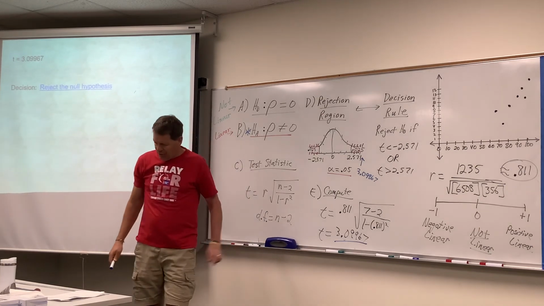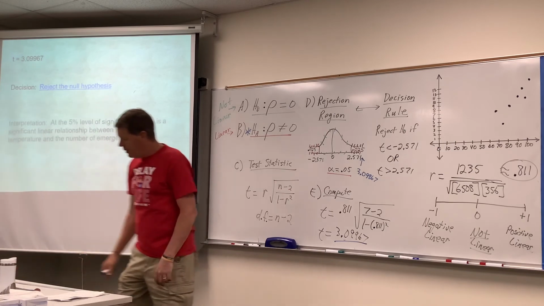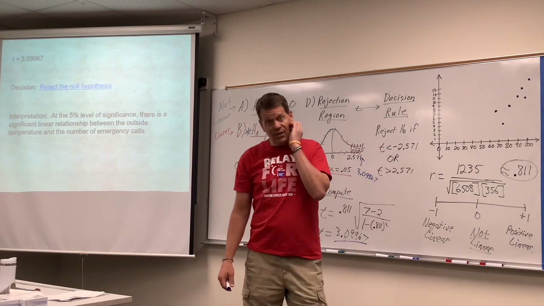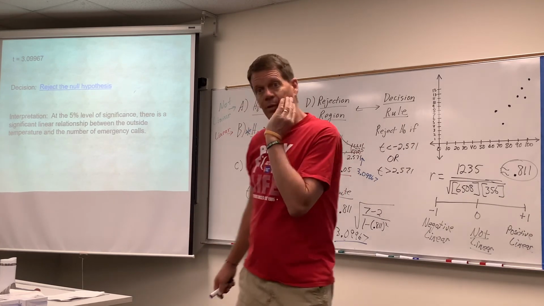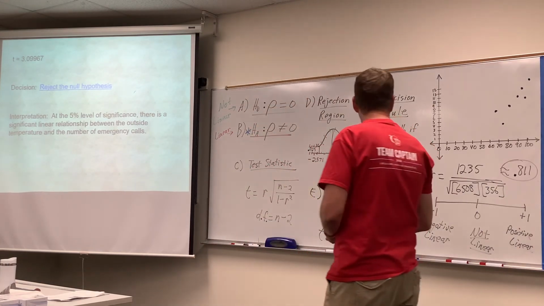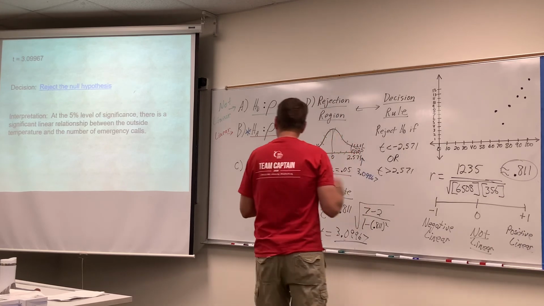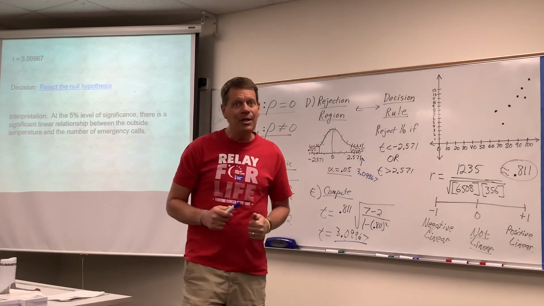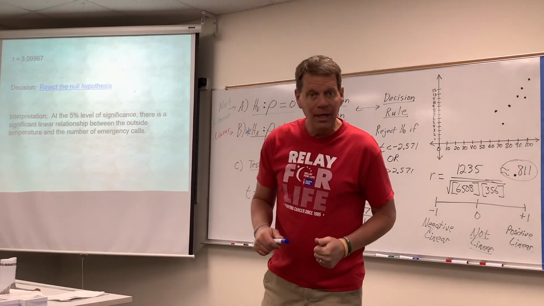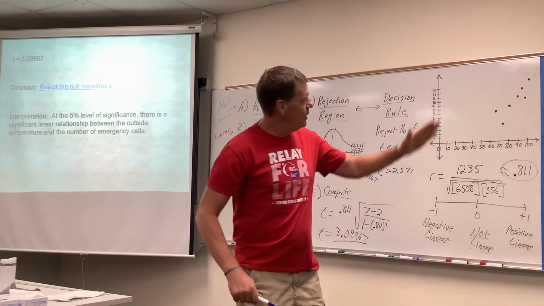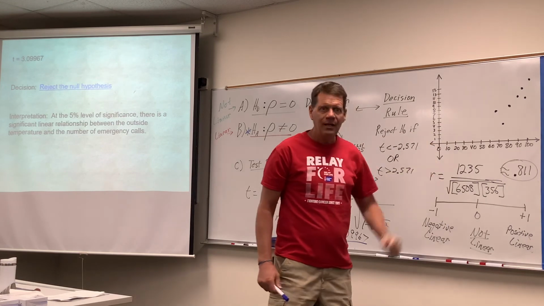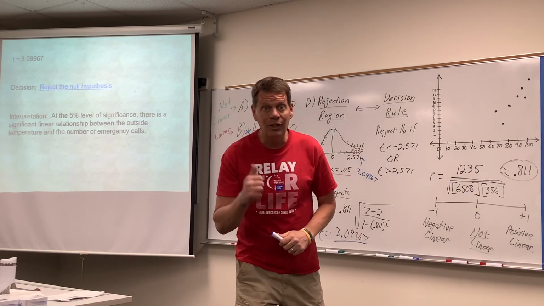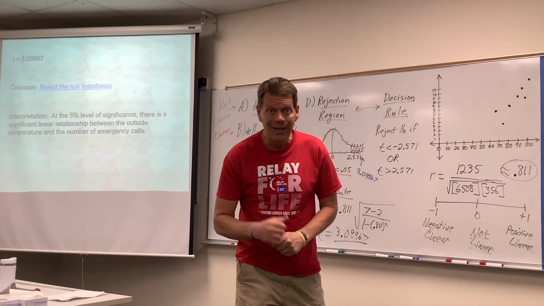So the appropriate interpretation would be to say, at the 5% level of significance, there is a significant linear relationship between these two variables. And there you go. So, you hopefully looked at that and said, yay! Because of that outcome, it does make sense to build the equation of a line to model that data. So there's more to be done. Let's go find the regression line in part 3, shall we? Yeah!